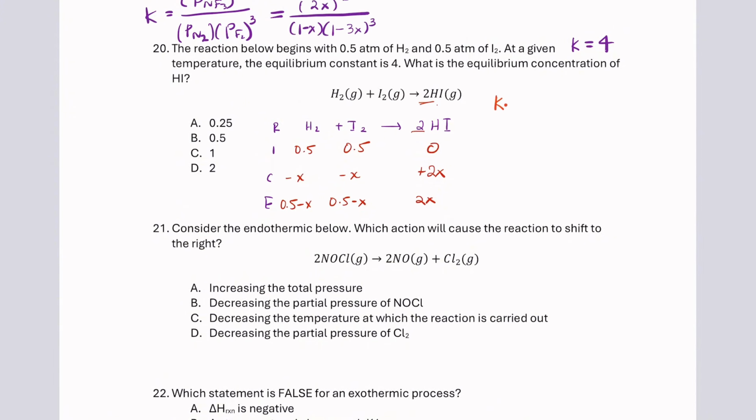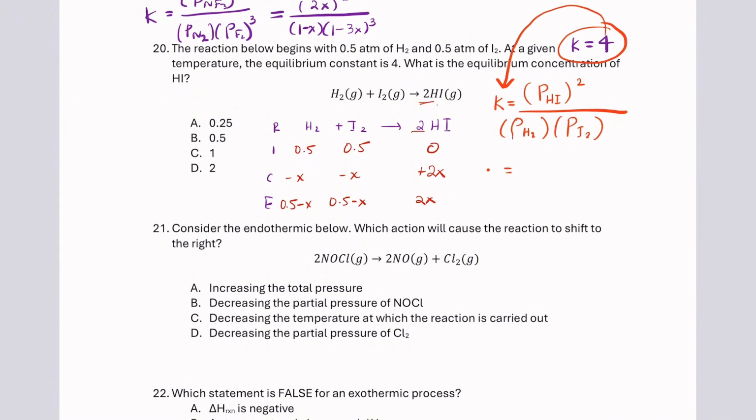Now I write the equilibrium expression for this reaction. K equals the pressure of hydrogen iodide squared divided by the product of the pressures of hydrogen gas and iodine gas. So K equals partial HI squared over partial H2 times partial I2.